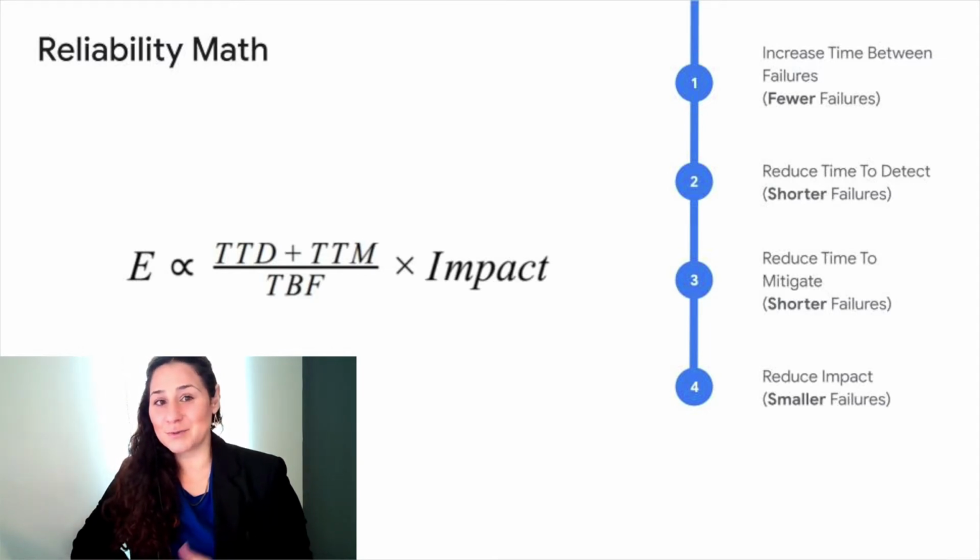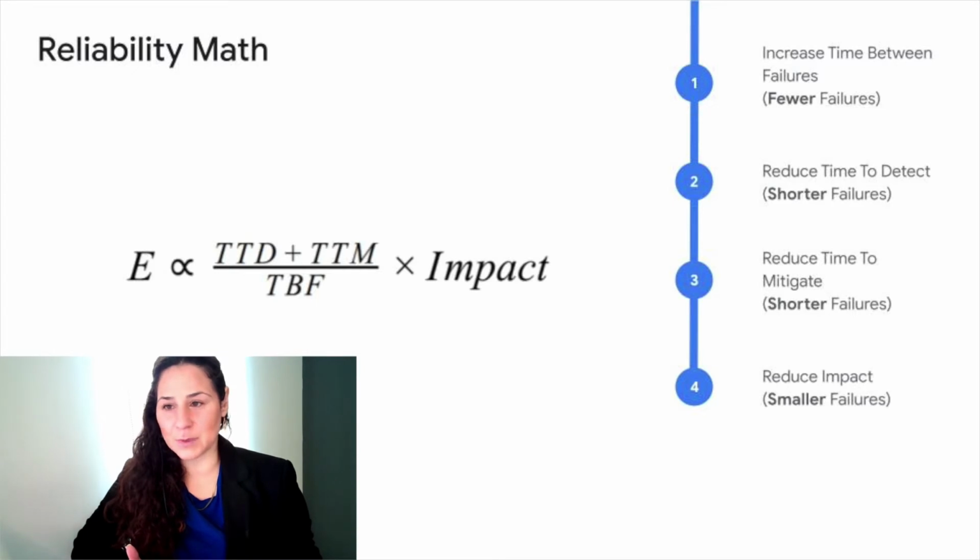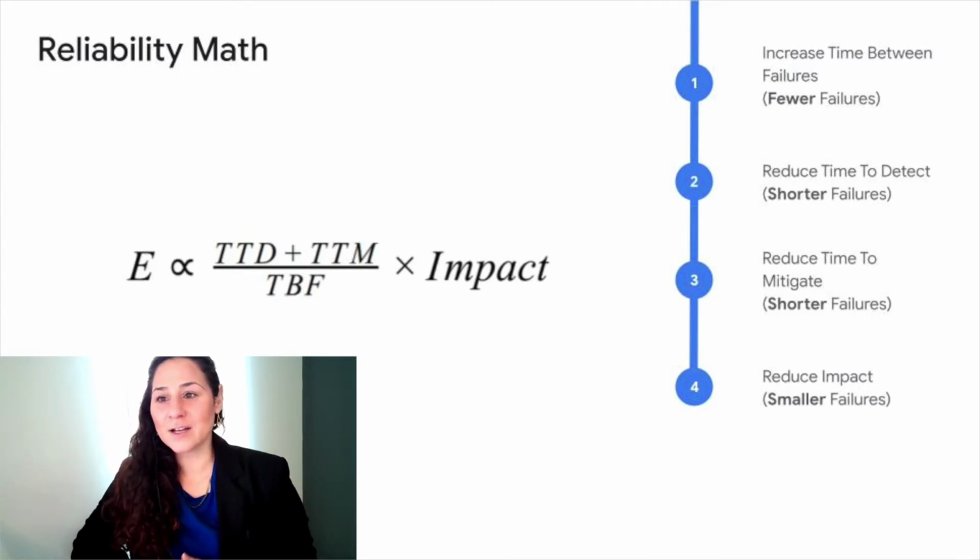We need to reduce the number of incidents that we have, which means to increase the time between failures. And we want to reduce the impact, the blast radius. So, for example, how many users are affected. Next, I will discuss a few strategies for reducing each one of those and to improve our reliability in our design.